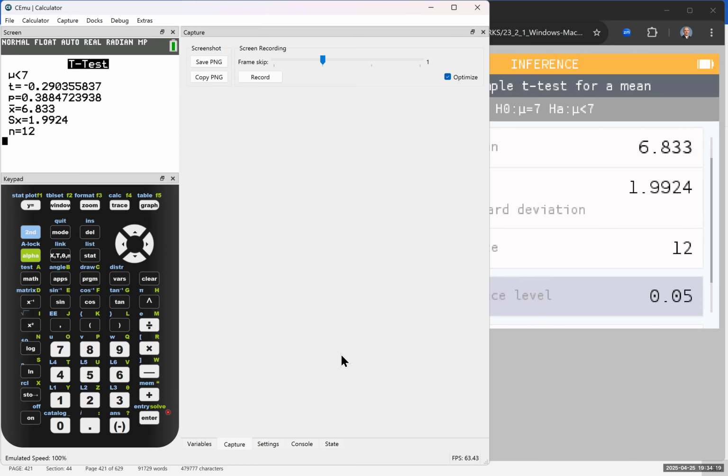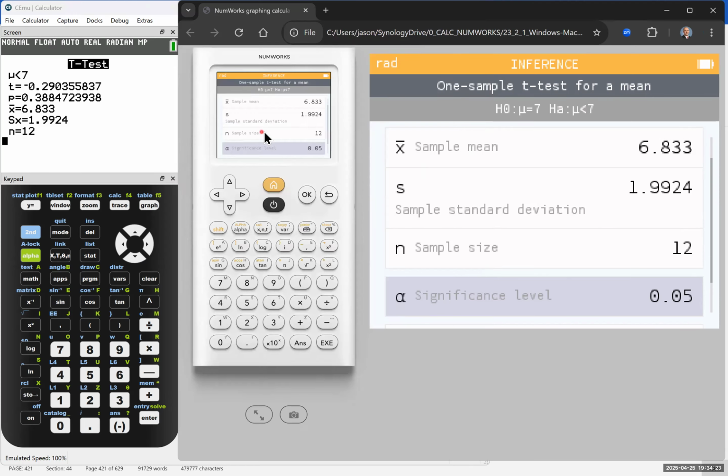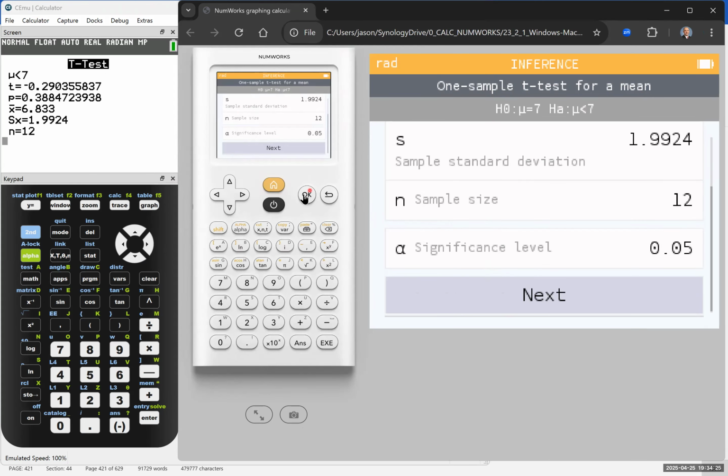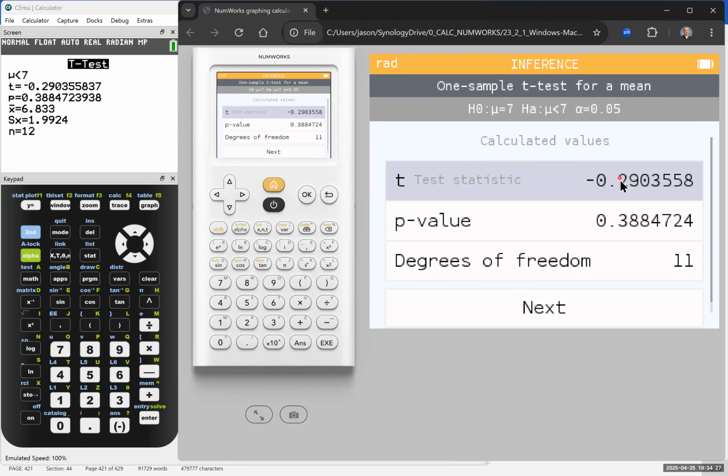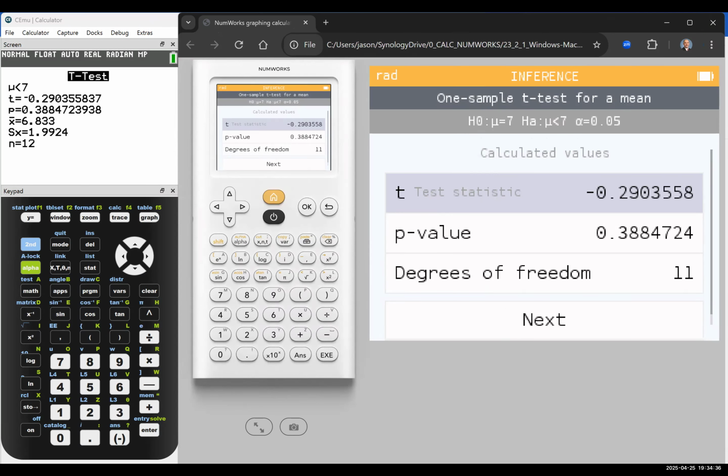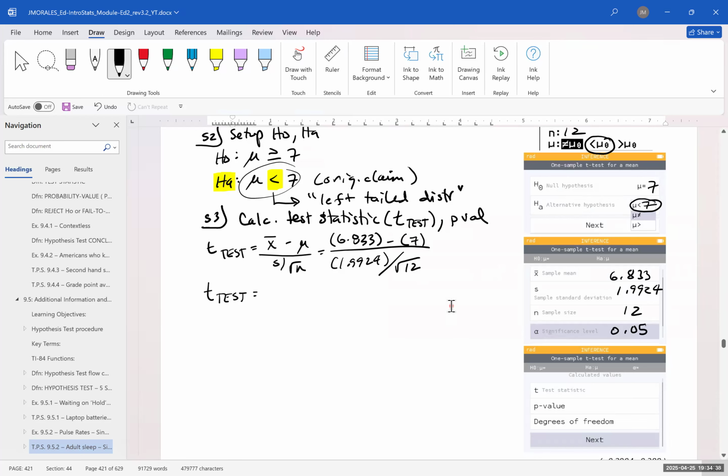Okay, calculate. We get a negative t-test statistic. Let's come down here and hit next. Negative 2.90 and 0.388 for a p-value. Let's go ahead and write that down. So we get a t-test statistic of negative 2.904 and a p-value of 0.388.